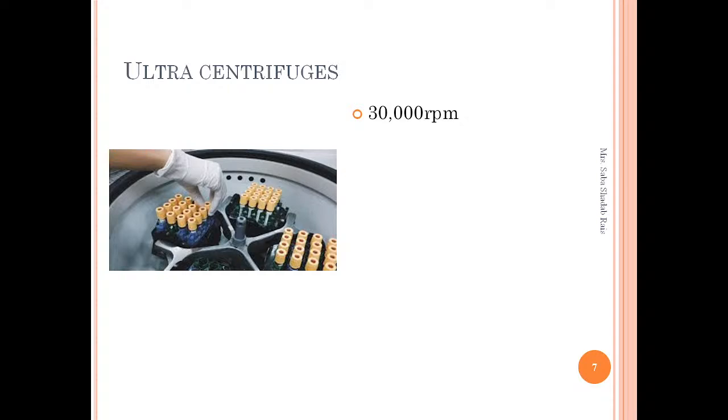Now see, when a lot of speed is applied, definitely a lot of centrifugal force is applied. So that's why we need to use heavy motors, and when such heavy motors are used, they generate a lot of heat.